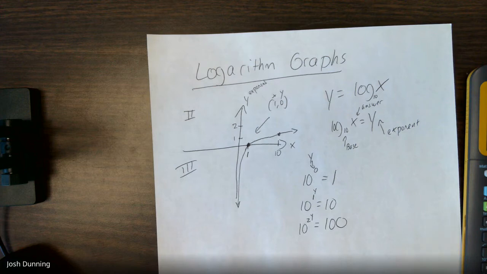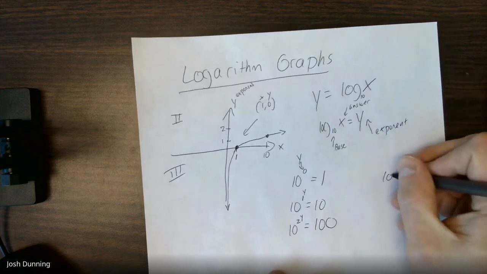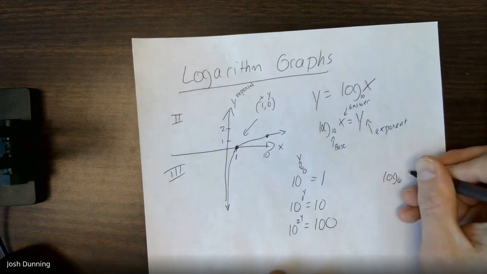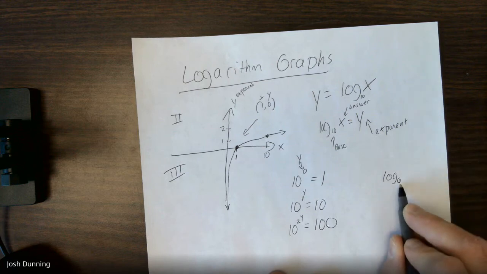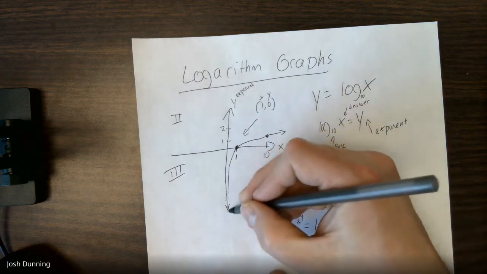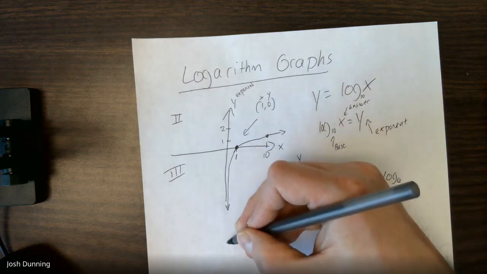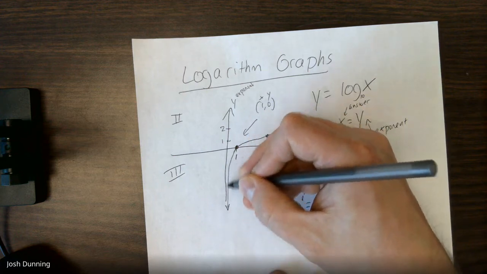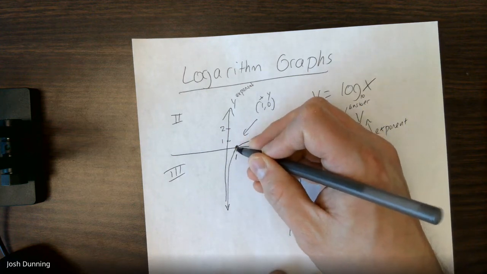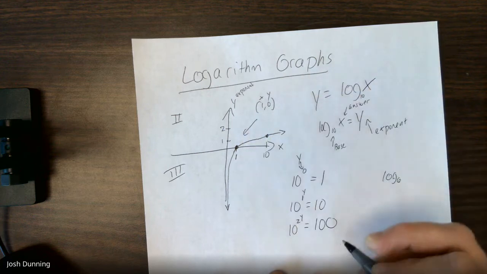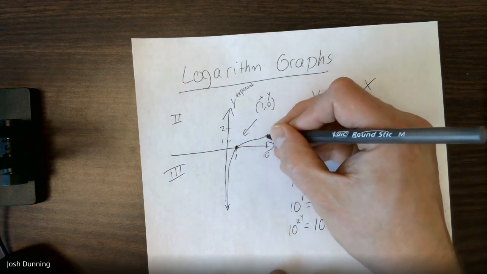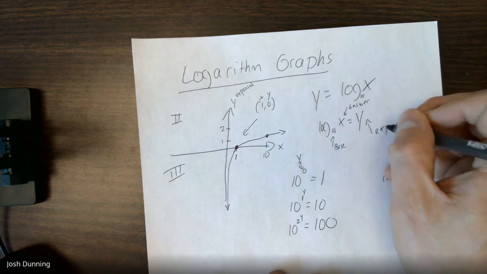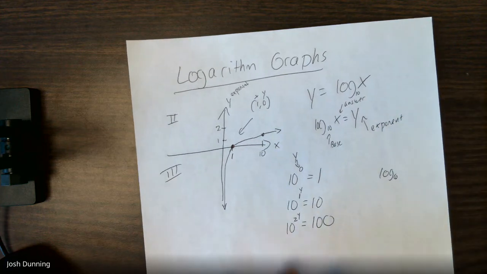And let's say for base 6 even, we'd have to go all the way out to 36. 6 squared is 36. So the way this looks, you're shooting up from negative infinity close to the y-axis. You start heading over a little bit. You hit the x-axis at 1. And then you start going up, but it goes up very slowly.